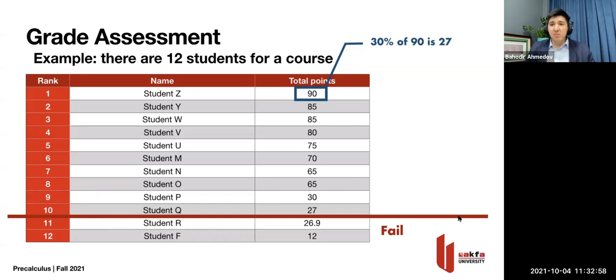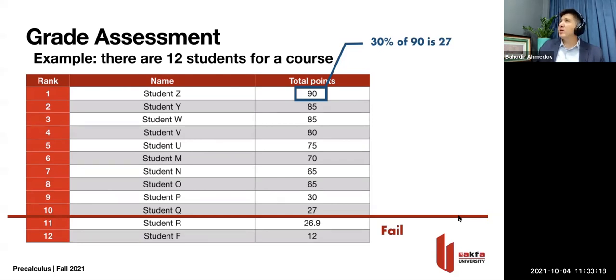As a rule, there are always students who get maximum grades, like 95 or 98 or 100, so the passing line is more or less always 30.